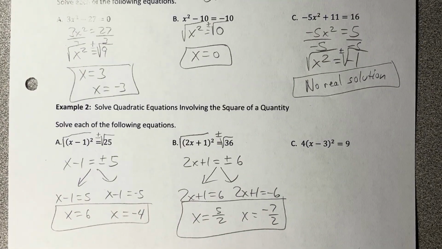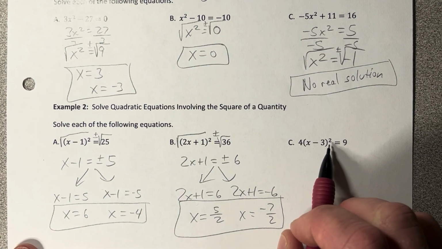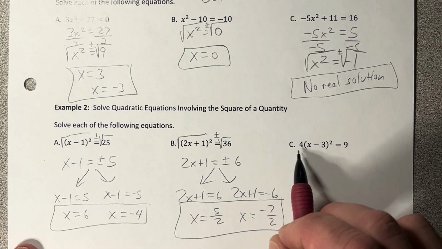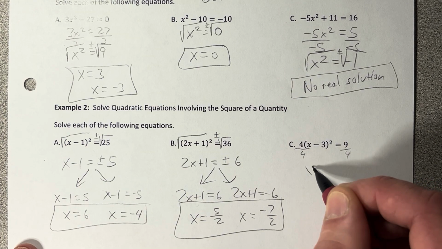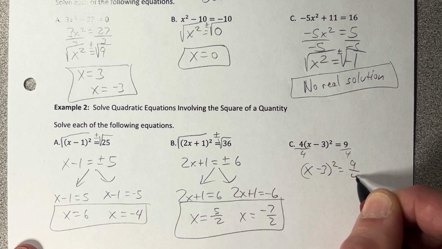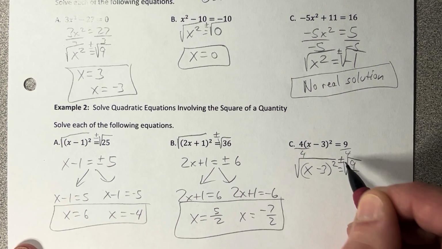Okay, now, as complicated as it gets right here, so I could technically square root first, but it's a little bit dangerous. So what I'm going to do is divide by 4 first to get rid of it. Then I'm allowed to square root both sides.